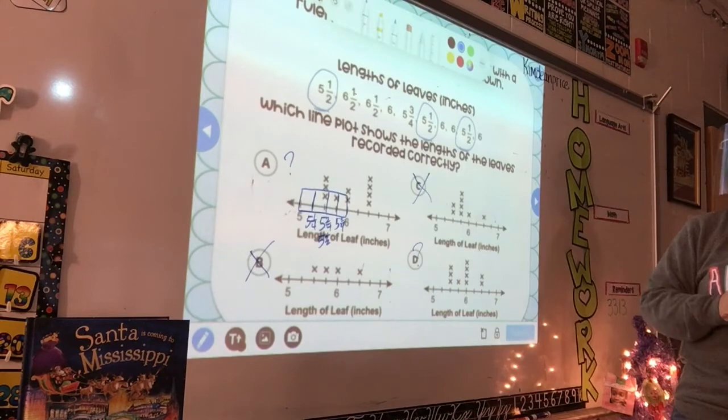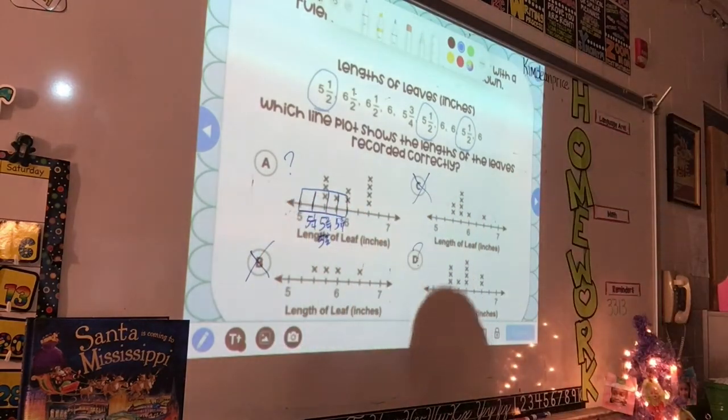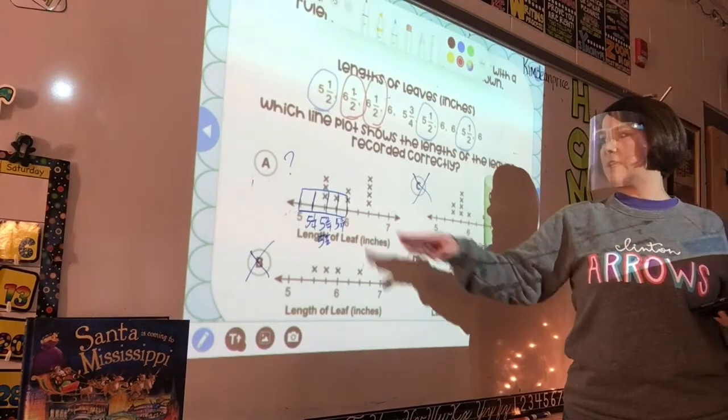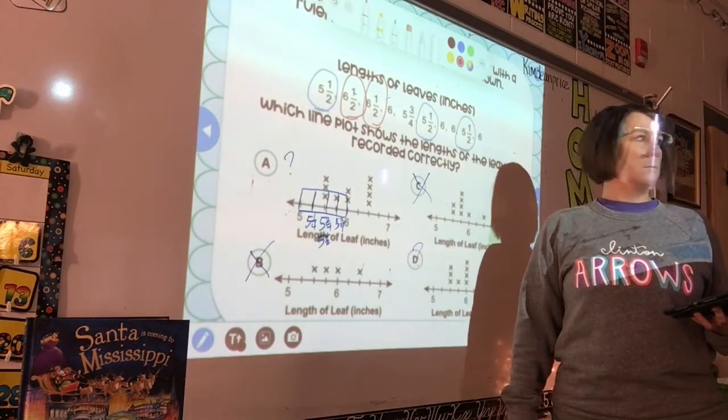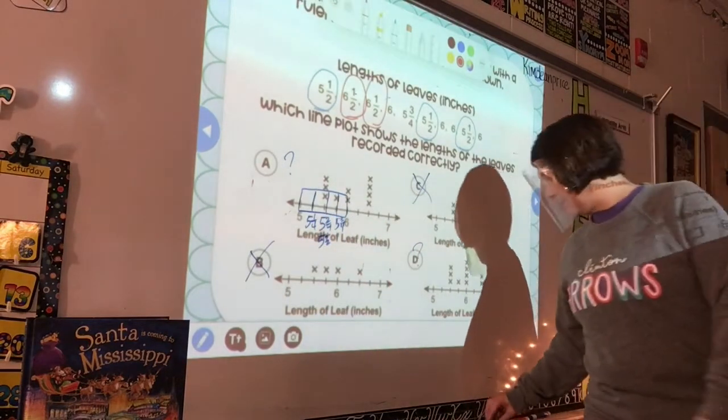Now we're going to move to the next number, which is 6 and a half. So let's circle all the 6 and a halves. 1, 2, and that's it. So does this first line plot have 2 over 6 and a half? No. Because let's label this.